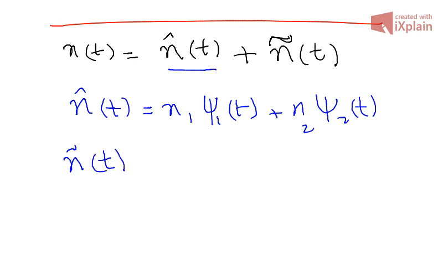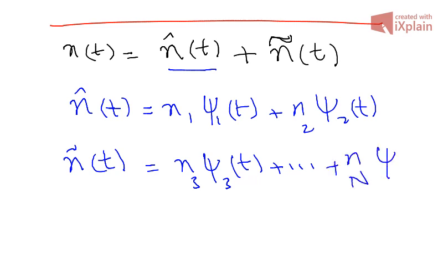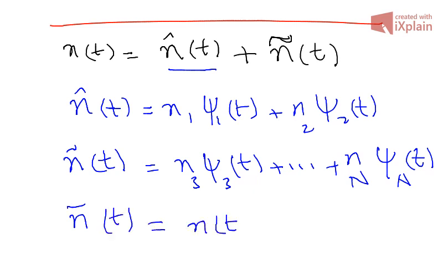The remaining noise, n tilde of t, can be written as n3 psi 3 of t up to n n psi n of t. I can also write n tilde, the irrelevant noise, as the actual noise minus the relevant noise of interest. This is the irrelevant noise.